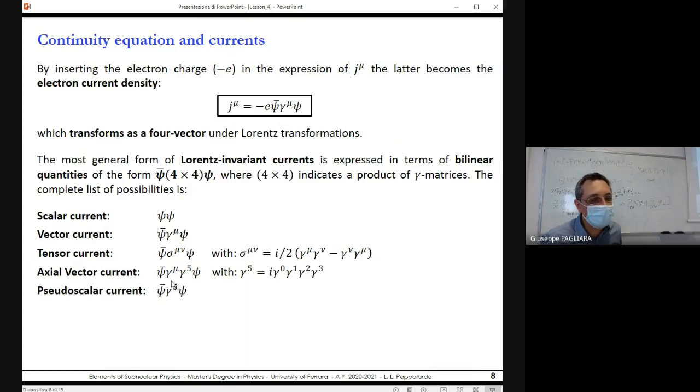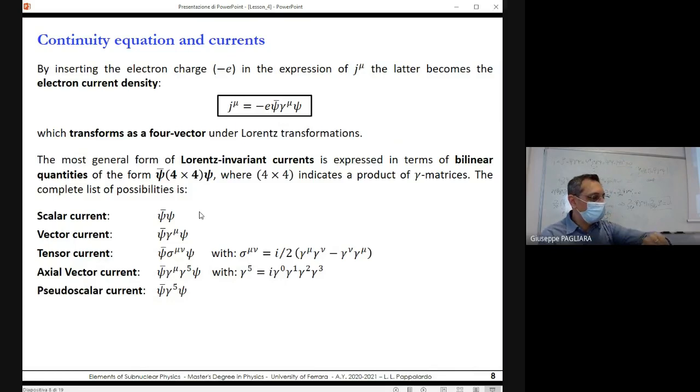Then we might have the axial vector current with the gamma mu gamma 5, where gamma 5 is given by this combination of the Dirac matrices. So I, gamma 0, gamma 1, gamma 2, gamma 3. Okay, and this will become absolutely important in the weak interaction as we will study in the next part of the course. Okay, and then one can also have the pseudo-scalar current with the gamma 5 only. So these are the only possible Lorentz invariant currents that one can construct.